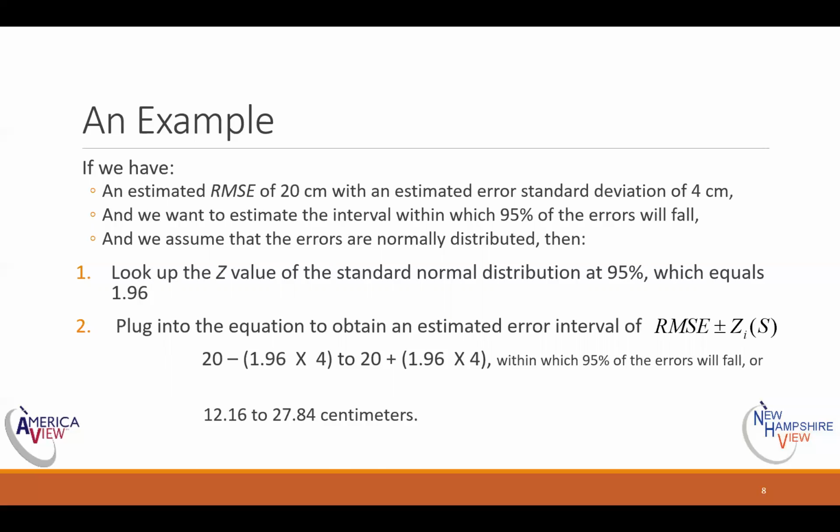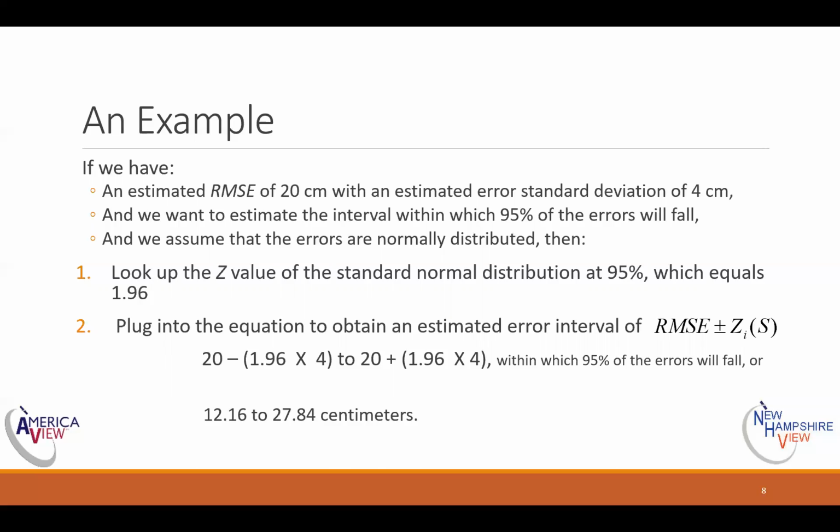All you're doing is calculating root mean square error, the sum of the errors squared. And then you're looking up that Z value in the standard normal table, or you go online and find it, and it equals 1.96. Everybody tends to remember that if they've had a few statistics classes.